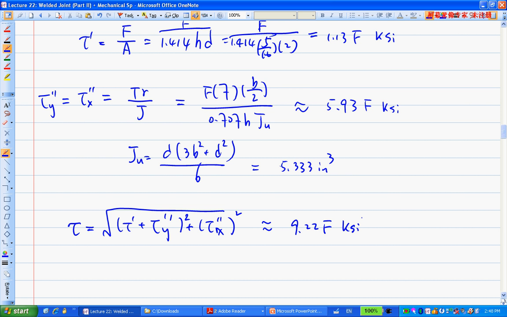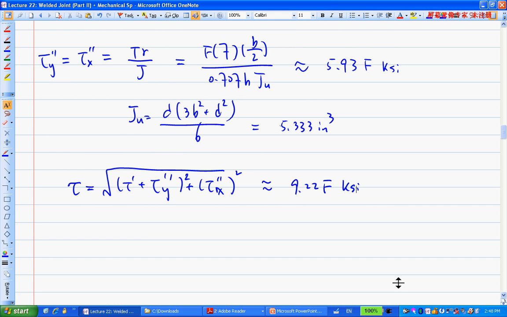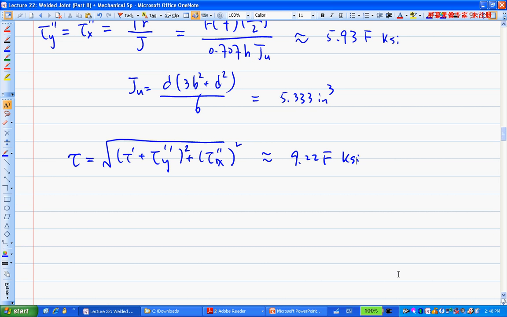We want to calculate the allowable load F, so we need to compare the tau with the allowable stress, or permissible stress, or the strength. So the next part is to calculate the permissible stress. The formula we use is the mean, as before, of 0.3 SUT and 0.4 SY.